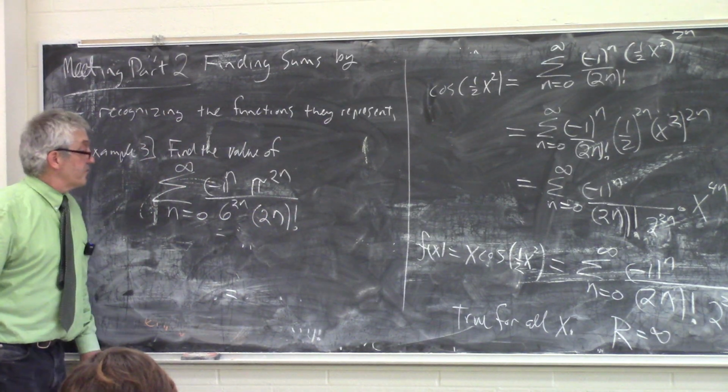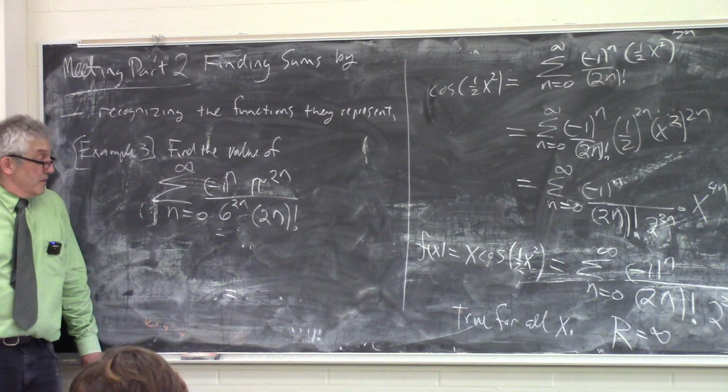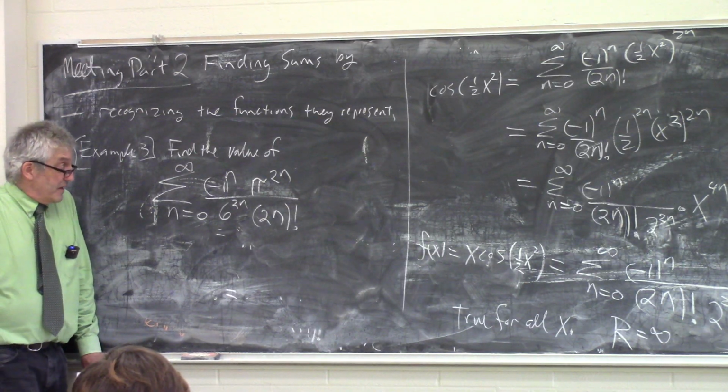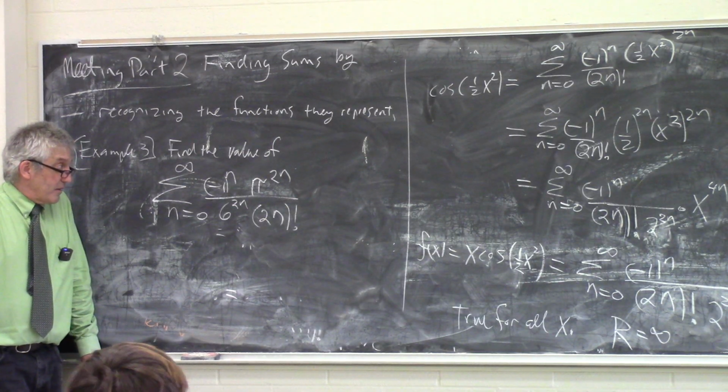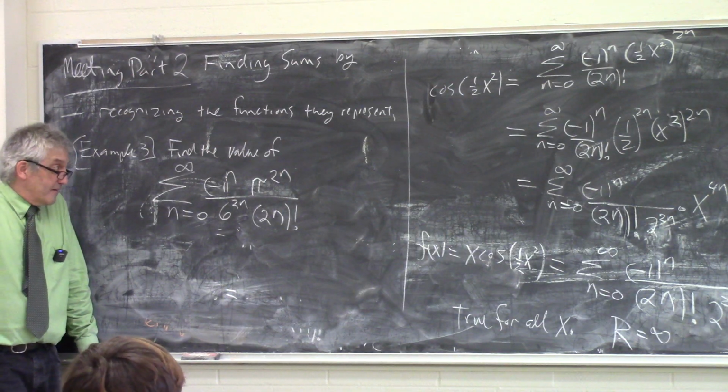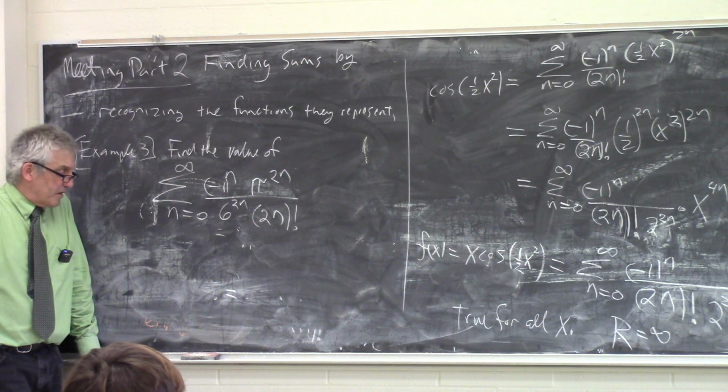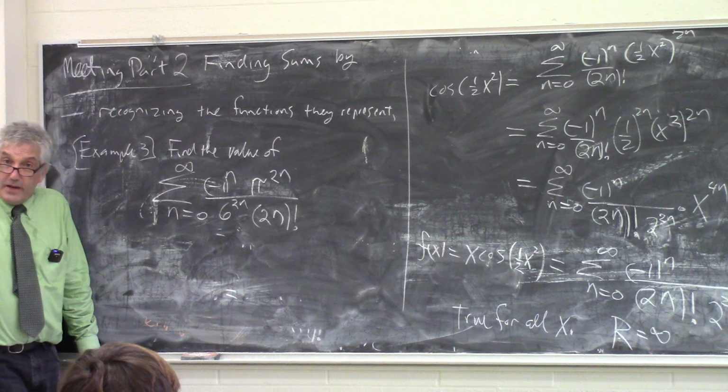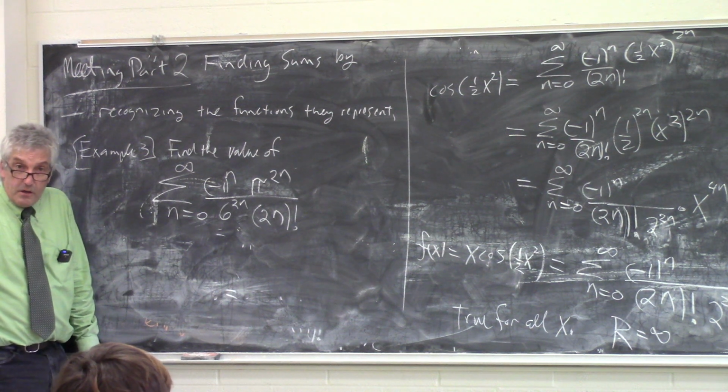The sum as n goes from 0 to infinity of the quantity (-1)^n, pi^(2n), that quantity divided by the quantity 6^(2n), and the quantity (2n) factorial. Okay, anybody have an idea how to proceed here?